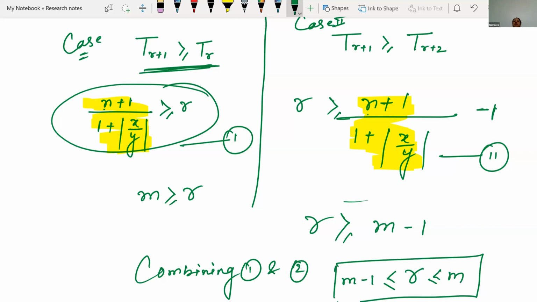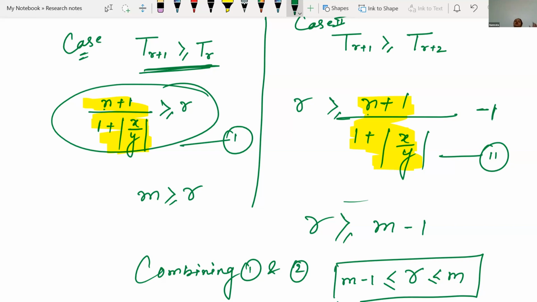Rather than writing n plus 1 by 1 plus mod x by y every time, we are giving it a name, m. But we must know what m is: m means n plus 1 by 1 plus mod x by y. Okay, Lina? Yes, ma'am. So this is the formula.